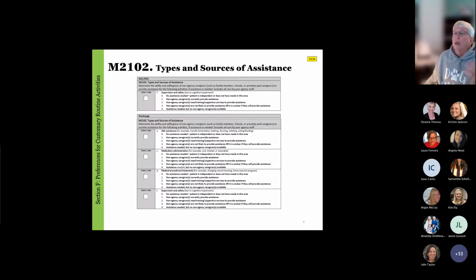Talked about that. M2102 is also in this section, right? We have the two different versions. The start of care just has that item F, supervision and safety. And then the discharge is the pop quiz of the A, C, D, and the F still comes around.